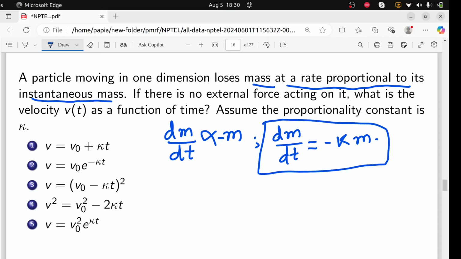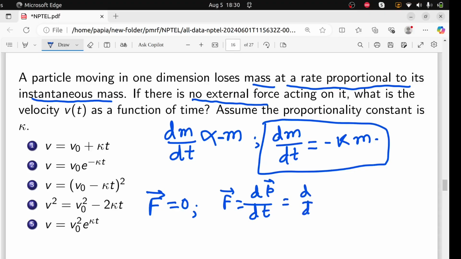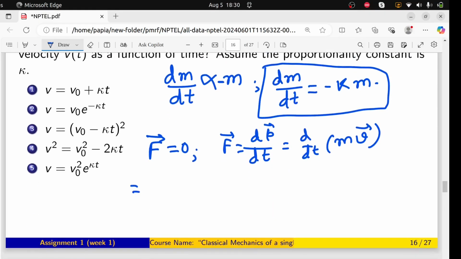Okay? Now, another thing. If there is no external force, that means our F is 0. So if F is 0, I can write F as dp dt, so d/dt of mv. Now you can see here, if I write d/dt of mv, I can just expand that as m dv dt plus dm dt times v.